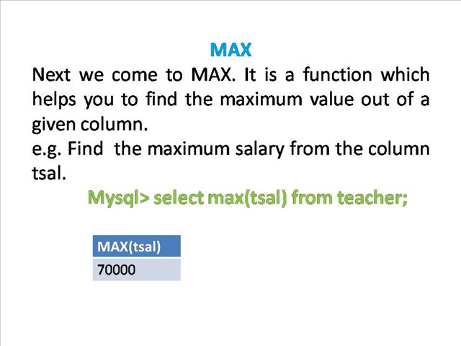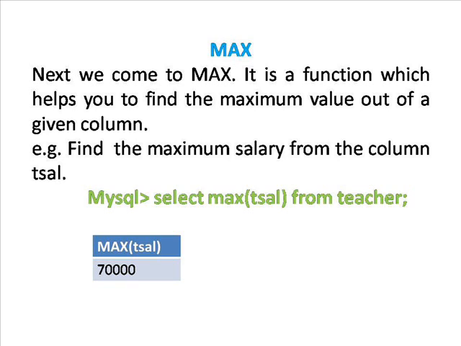Next we come to max. Max means maximum, but in short we use it as max. Max is a function which helps you to find the maximum out of a given column. Say for example, I want to find the maximum salary from the column TSAL.